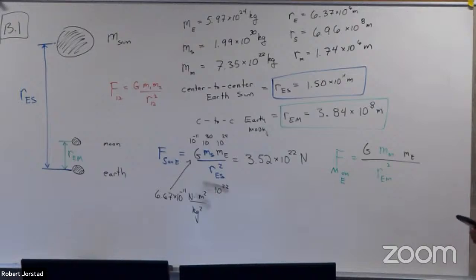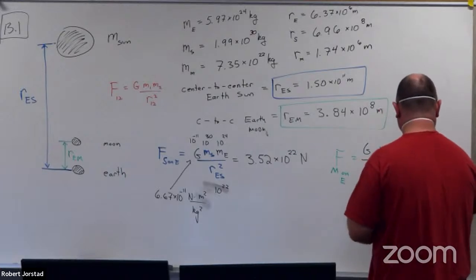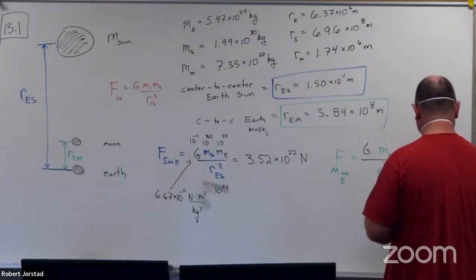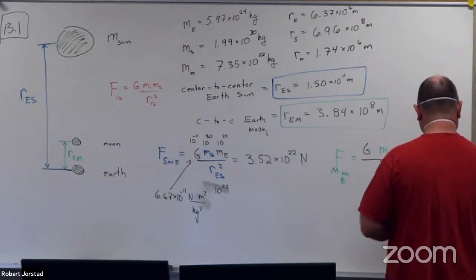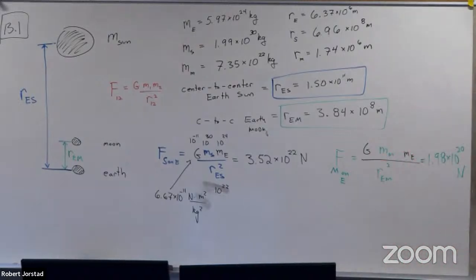I got 1.98 times 10 to the 20 Newtons. Running out of space. Normally I'd include an extra digit, 1.985. Oh, that's going to look terrible.